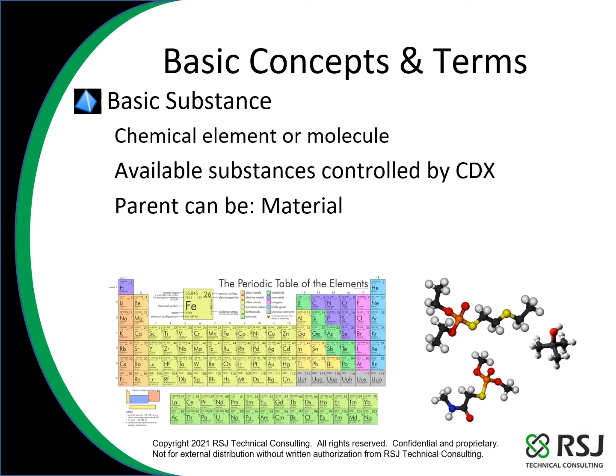All the substances available in CDX are controlled by CDX. You cannot add a substance on your own. If you can't find what you need to describe your material, you will have to reach out to CDX through the substance request mechanism built into CDX and ask to have the substance added. Substances can only be attached to materials.